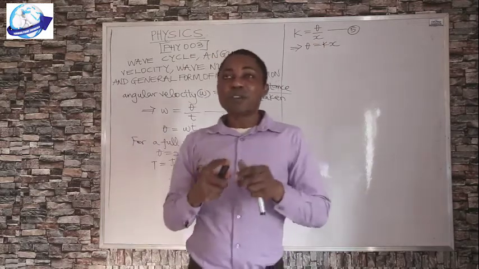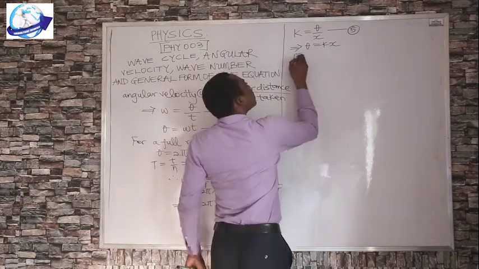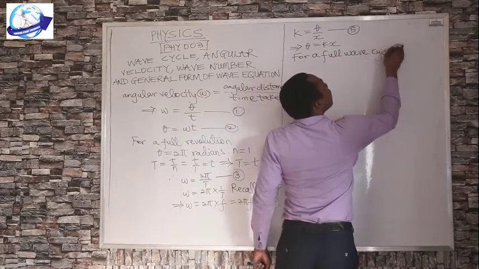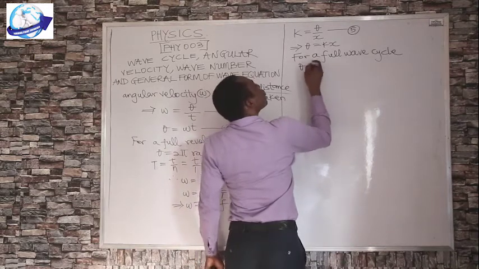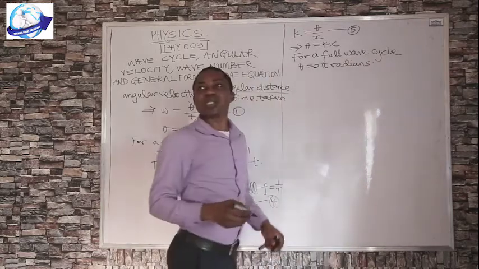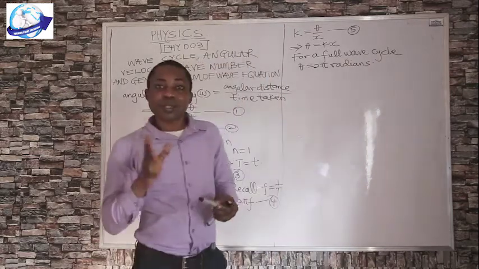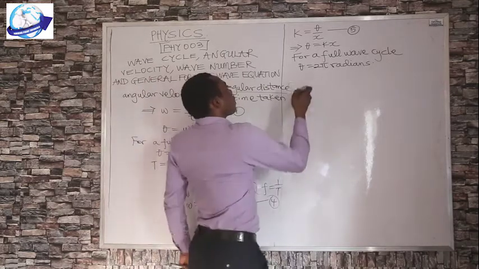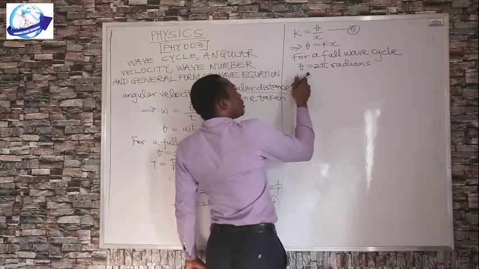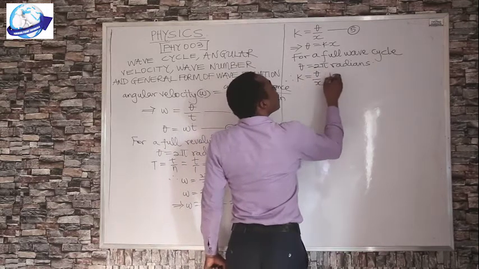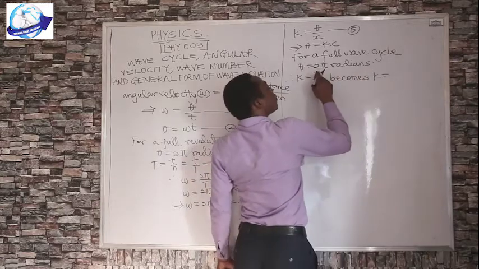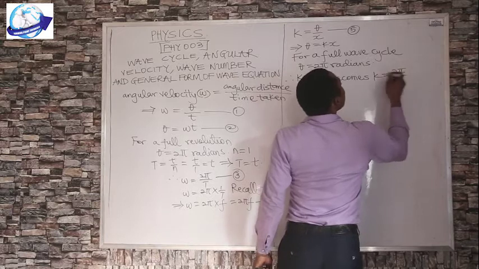Now, for a full wave cycle, always remember, let's not forget that theta is equal to 2 pi radian. For a full wave cycle, theta is equal to 2 pi radian, and for that reason, we can rewrite our wave number k, which is equal to theta over x, as k equals 2 pi over x.